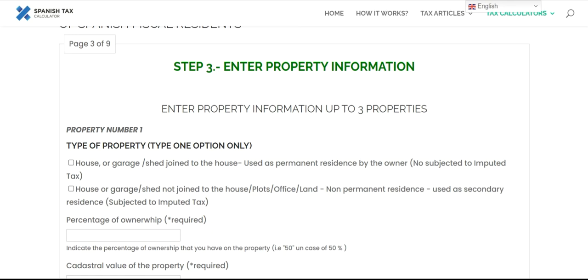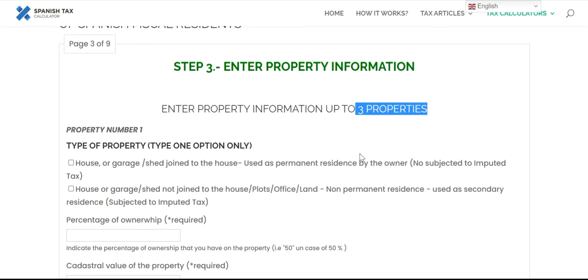But the point here is that the income tax declaration for residents in Spain has a section that clearly establishes the income or the situation in which you own properties in Spain. In our calculator, we have included a scenario of up to 3 properties in Spain.